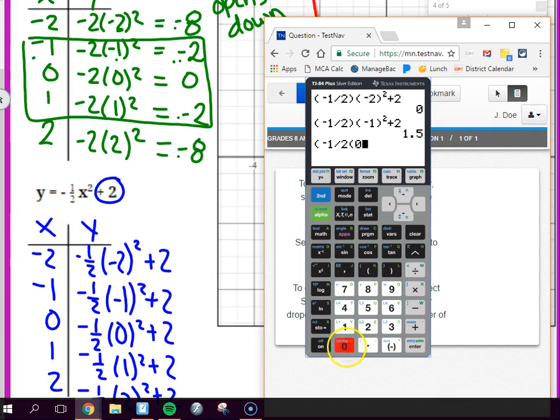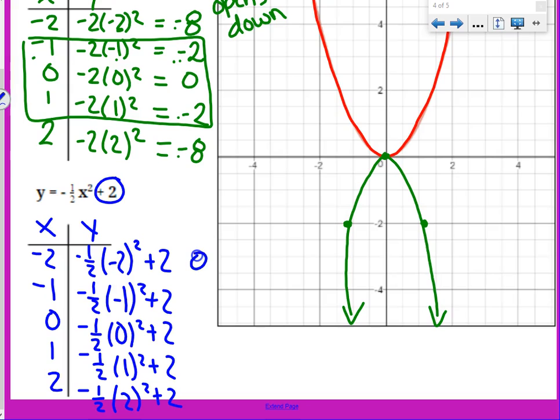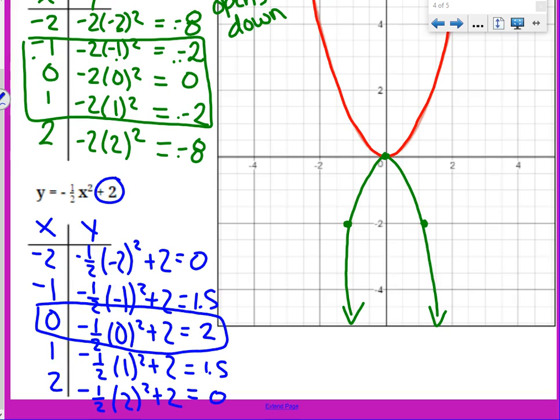Negative 1/2 times 0 squared plus 2 equals 2. So we have 0, 1.5, 2, and then again we're going to have that nice symmetry in our values. So the symmetry starts at the x value for 0 and then follows suit.